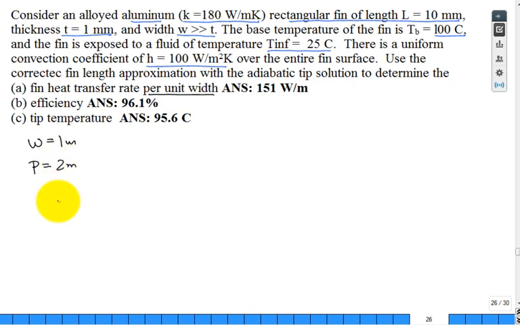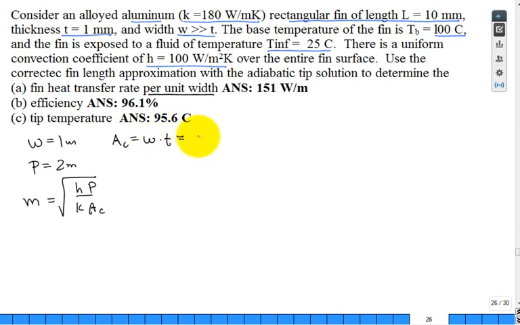Okay. Let's go ahead and get our parameter m, or m squared. Let's just do m, which is the square root of h p divided by k A_c. All right, what is A_c? Your width times the thickness.